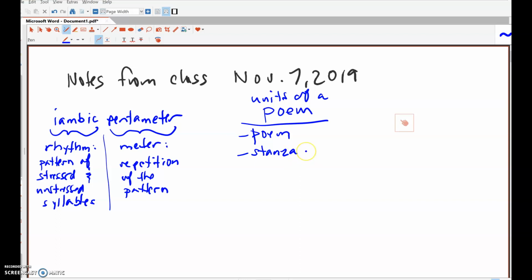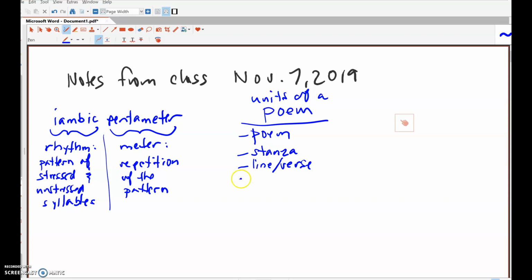So a stanza roughly is equivalent to a paragraph. The next is a line or a verse. Those words mean the same thing, they're equivalent. So when you start on the left-hand side and you read all the way to the right side one time, that's a line or a verse. Okay? Any more turns of your head would be more verses.